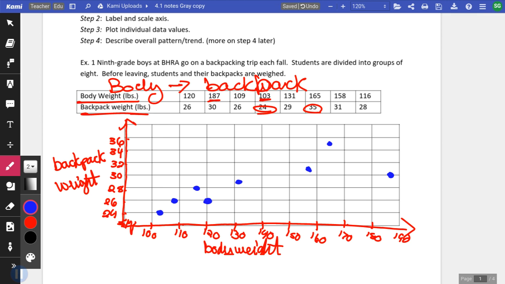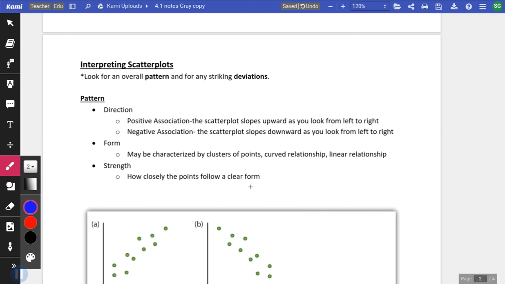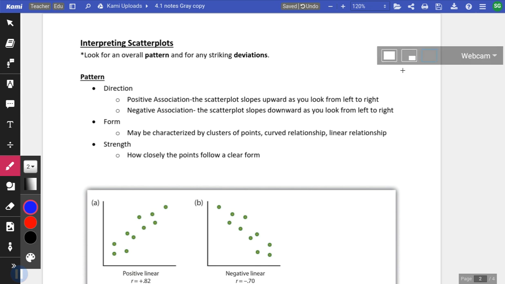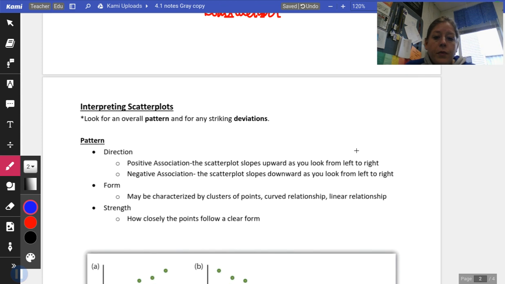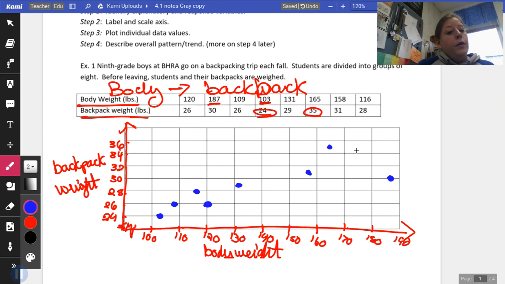If you labeled yours differently, it might look a little different. Okay, then we're going to look for a pattern. What does the pattern appear to be here? As their body weight gets heavier, does their backpack weight get heavier?